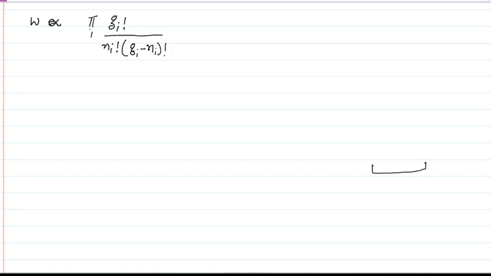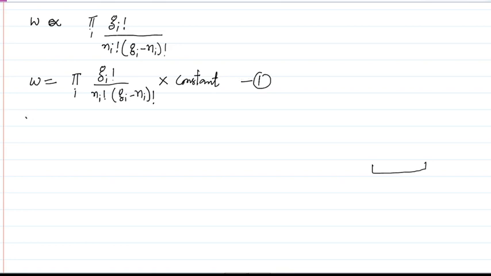Now to remove this proportionality we simply add a proportionality constant. So W equals the product over i of Gi factorial upon Ni factorial times Gi minus Ni factorial, multiplied by a constant. Suppose this is our equation number 1.